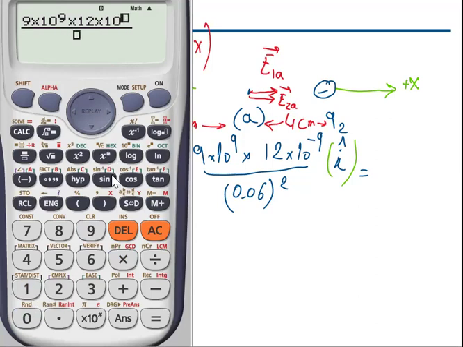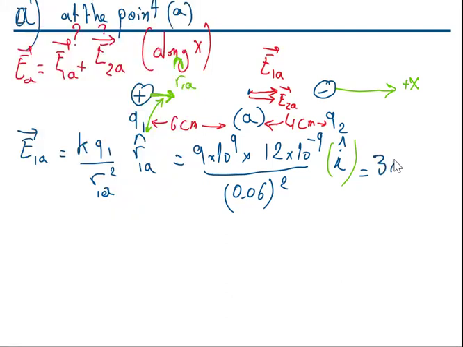So we can cancel this 10 power 9 with negative 9, divided by 0.06 squared. Good, 0.06 squared. So the result is 30,000. That means 3 times 10 power 4, 30,000 Newton per Coulomb along i.